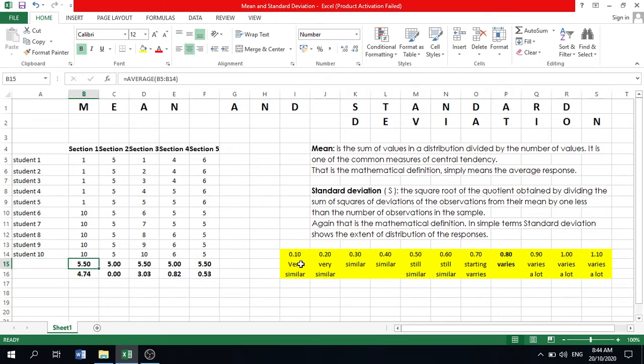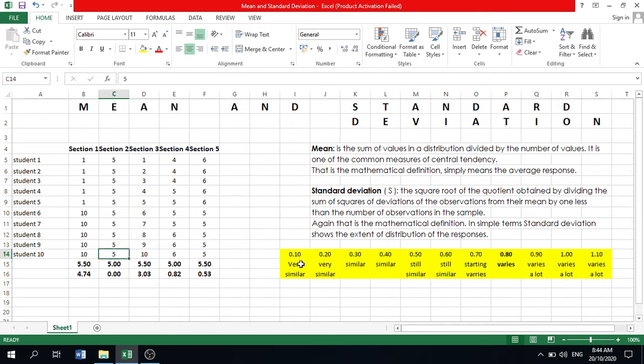This means that 4.7 tells you that the scores vary a lot from each other. Even though the average is 5.5, the scores of the students vary a lot from each other.